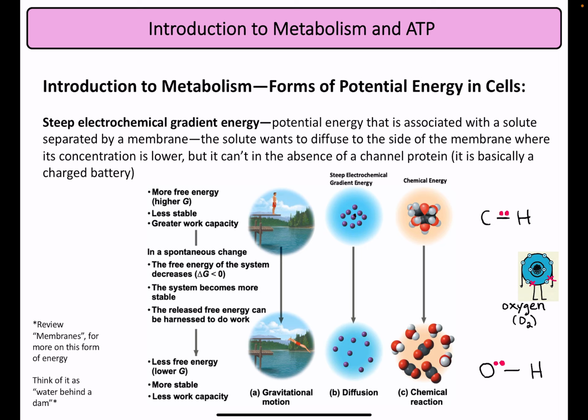I can't draw on this, so it's a little hard to depict, but moving from here closer to an oxygen atom, that little bit, it's analogous to this person jumping off the diving board, okay? So a lot of times in cellular respiration, you hear about electrons rolling down a flight of stairs or falling down a hill. That's what they mean by this.